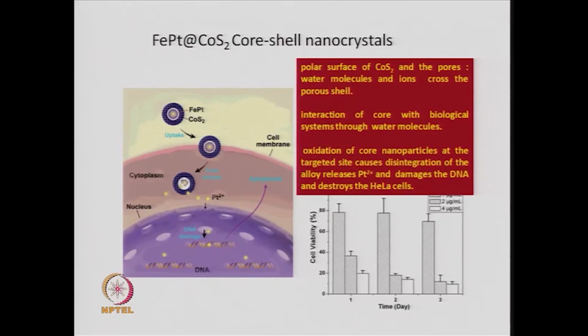So, this is a kind of targeted drug delivery, because the oxidation of the core nanoparticles at the targeted site occurs, and then only the platinum is released, and the platinum then destroys the cancerous cells which are present.